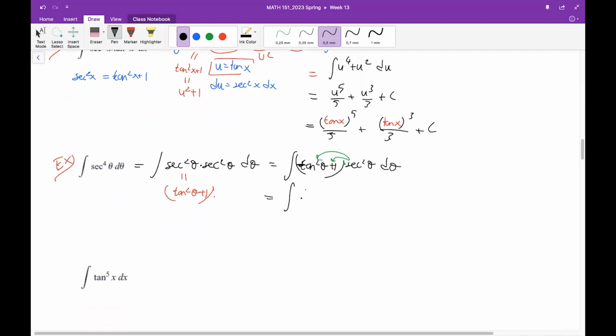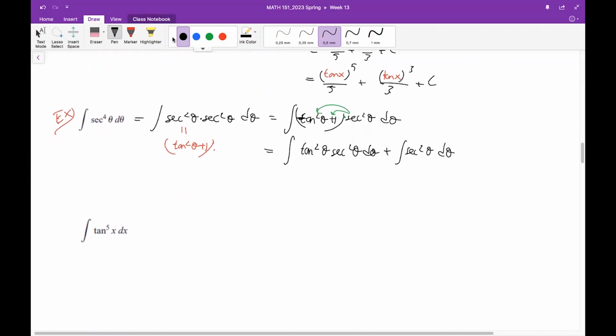And what we have is tangent square theta, secant square theta, d theta plus, I am writing the second integral separately like this. Okay, and look at here now. The substitution is kind of obvious again, as we did in the previous example. If you choose tangent theta as your substitution, if this is u square, then this is exactly du.